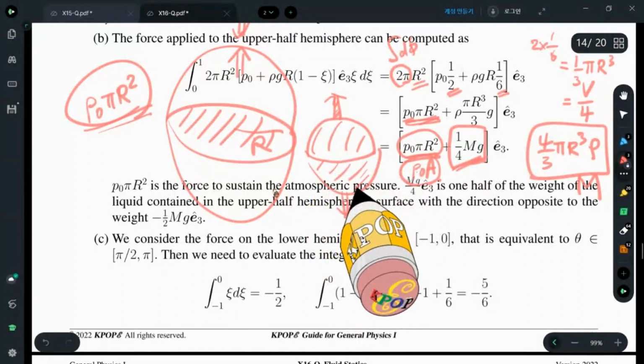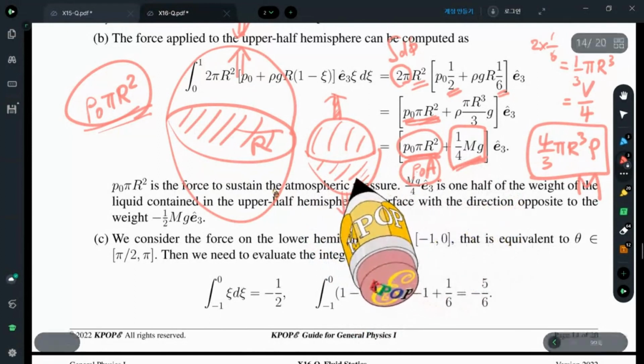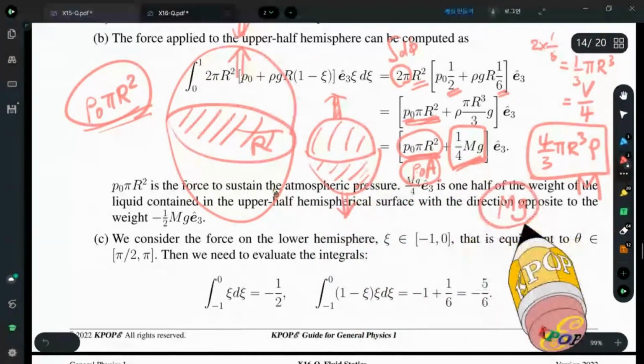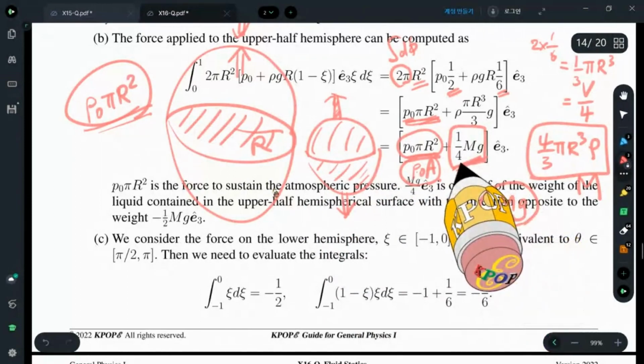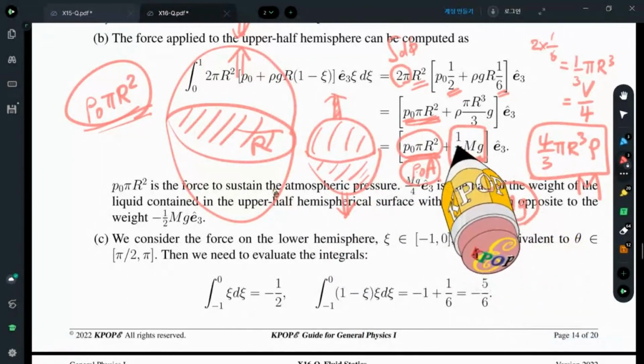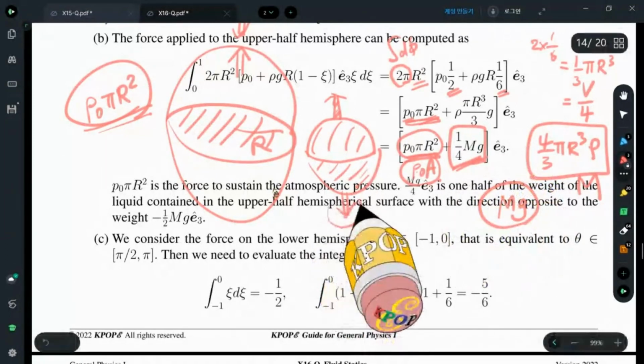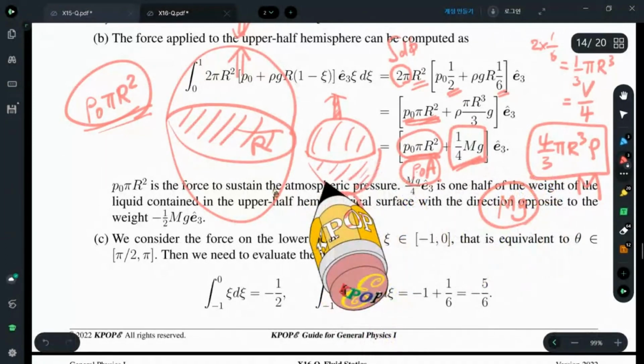That will be the whole mass, this mg, and in addition, we need 1/4 of mg to be applied to the lower hemisphere.